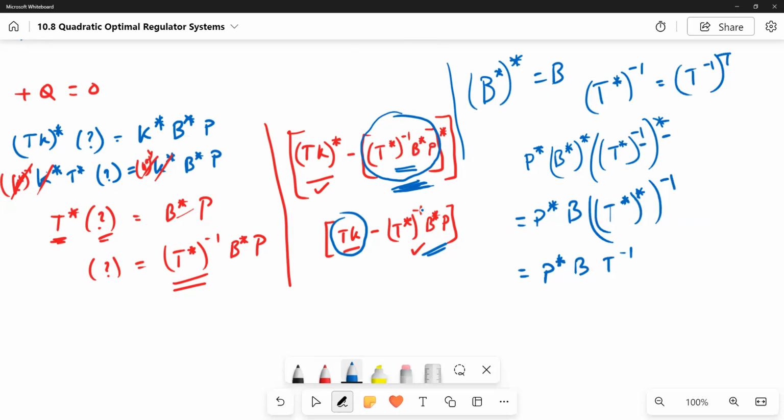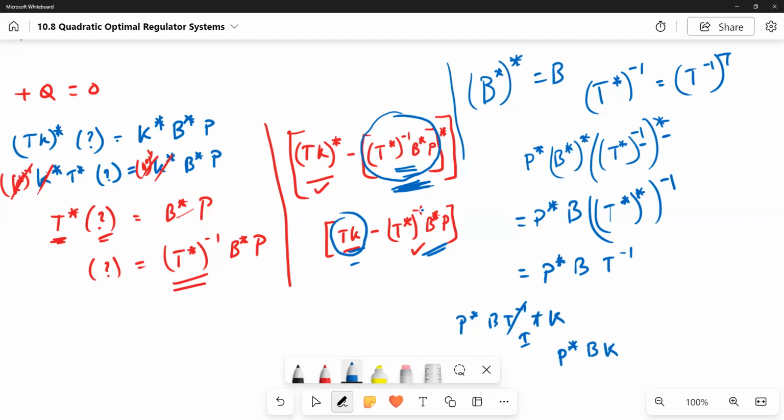And now what you have to do is multiply this with this. So if you simply multiply this with this, then what we get is P star B T inverse TK. So T and T inverse combine into the identity matrix, which is just a one in terms of matrix. So we can write P star B K.